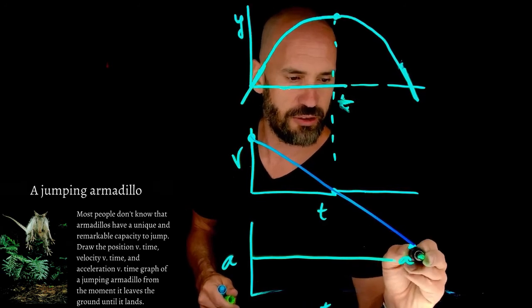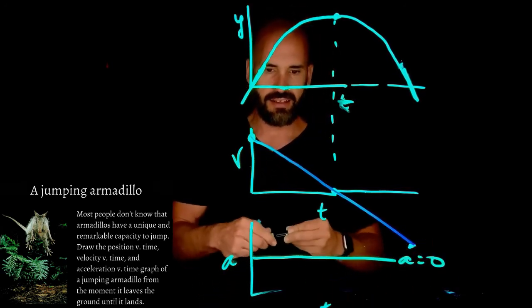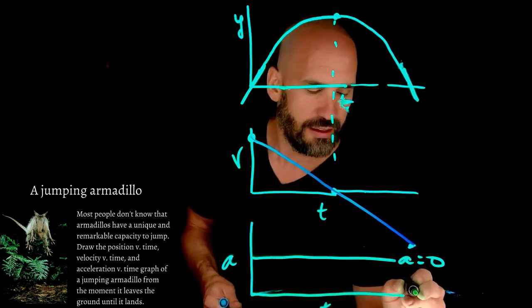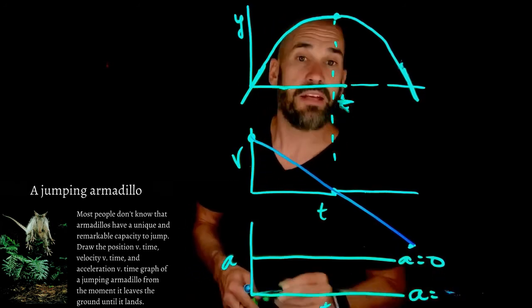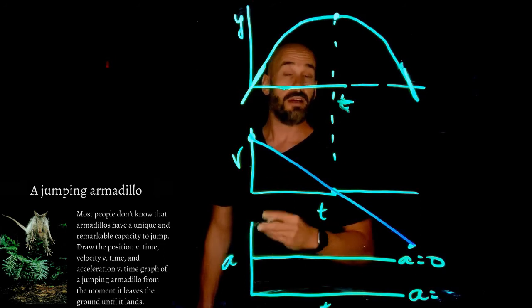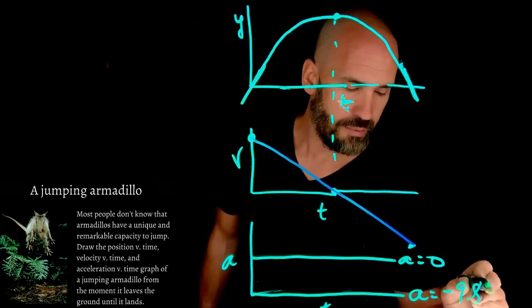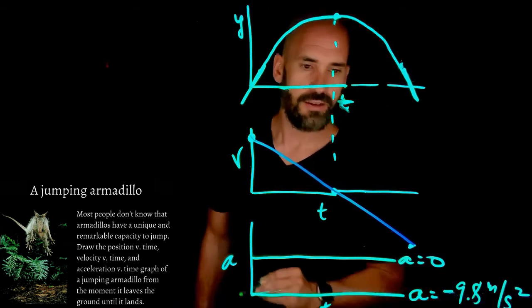So if this is a equals 0, our line is actually some negative over here, some negative acceleration. Many of you will know that acceleration to be gravity, which is negative 9.8 meters per second squared, okay?